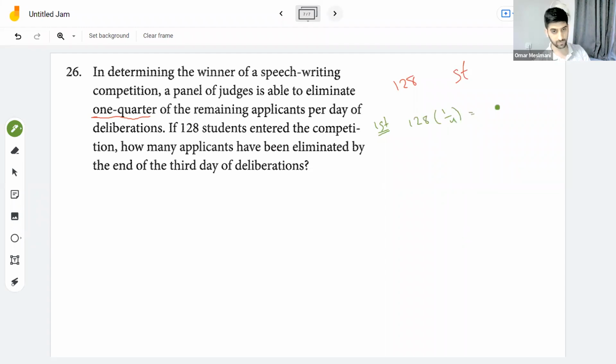What is it? 32. So what do these 32 represent? The number of eliminated applicants. Yes or no? So in the first day, if they eliminated 32, how many remain? 128 minus 32. What is it?